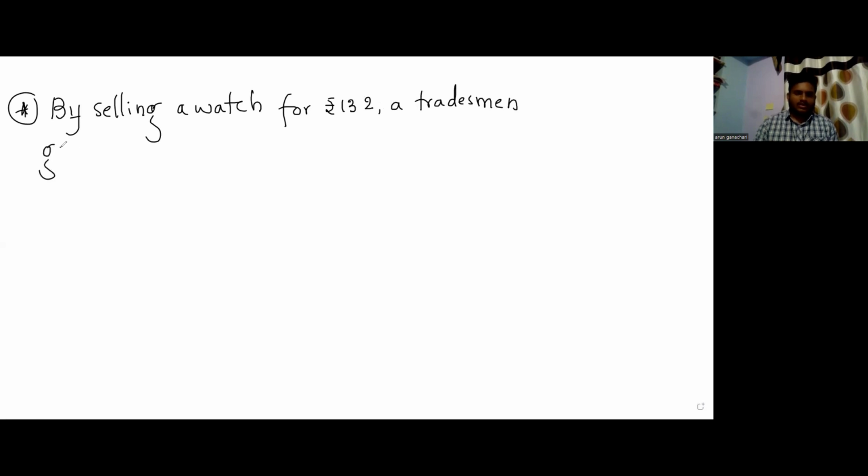So take down a question. By selling a watch for rupees 132, a tradesman got two successive profits of 10% and 20%.